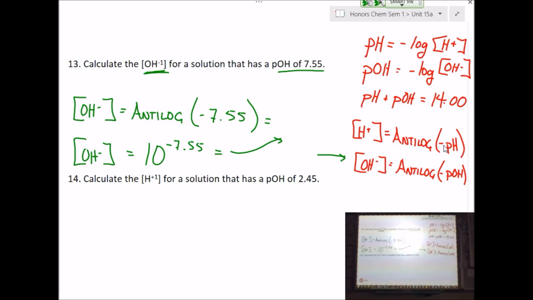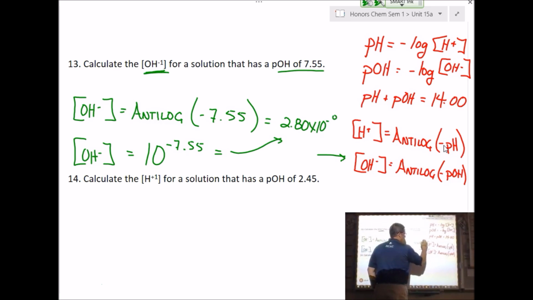Anybody get a number? Times 10 negative 8. I like it. Yeah, 2 point what? All right. Did you count it over, or did you do second DRG? Okay, no, hang on.